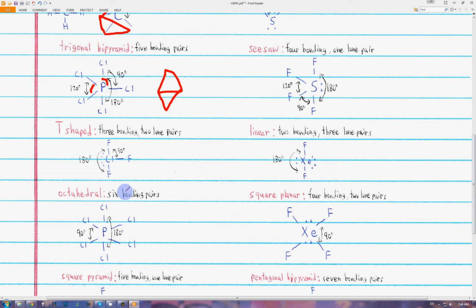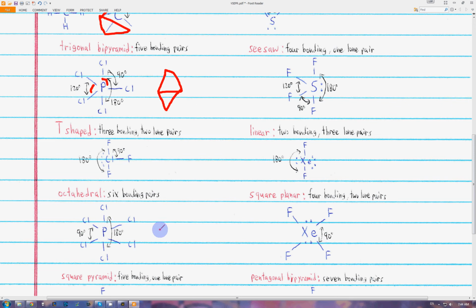And so next we have an octahedral shape. And an octahedral has 6 bonding pairs. So you can see these 4 chlorines over here are arranged in a flat square, while these 2 chlorines on top and bottom poke out perpendicular to this flat square.